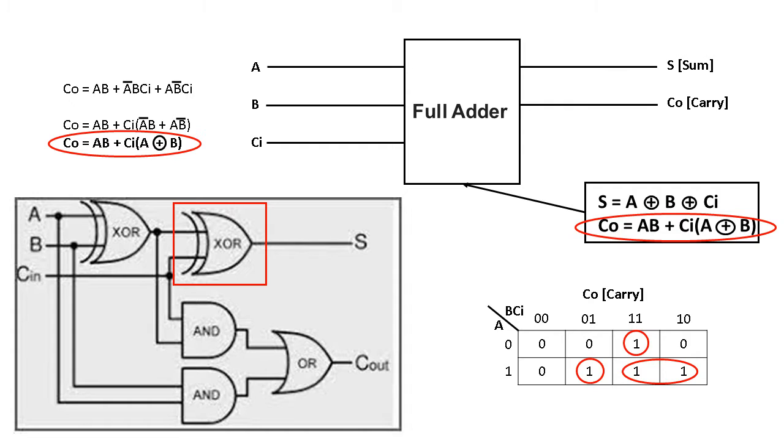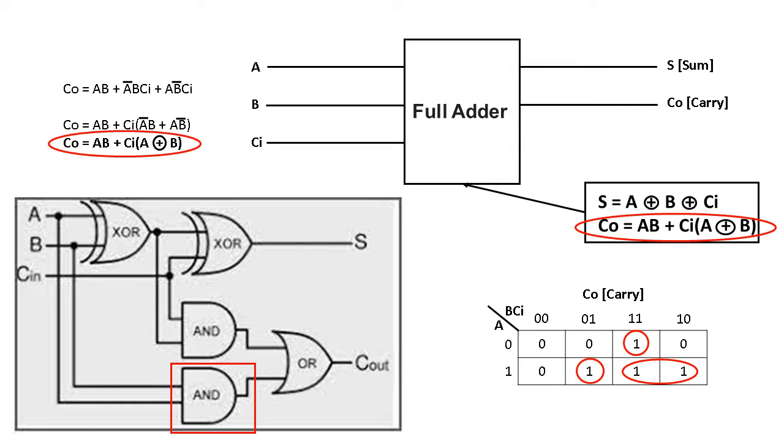And now let us watch the carry circuit. How will we achieve the carry output from the circuit? Observe, A and B will be provided as input through the AND gate. We have taken two AND gates for deriving the carry output.